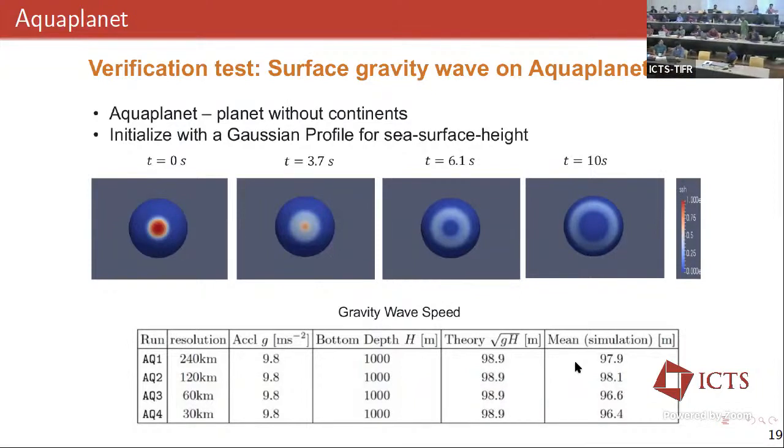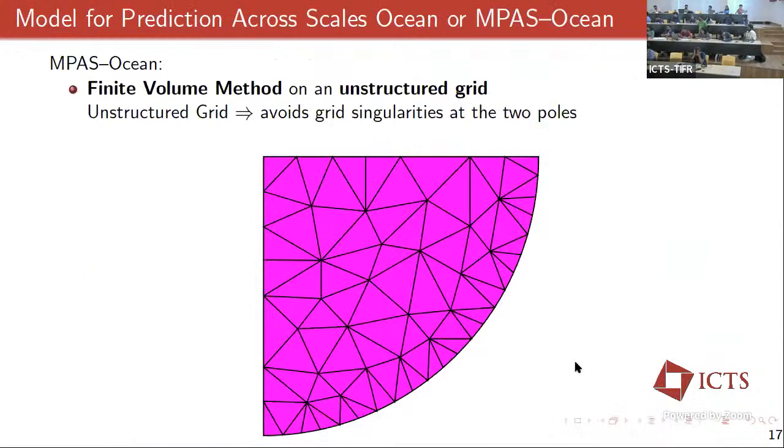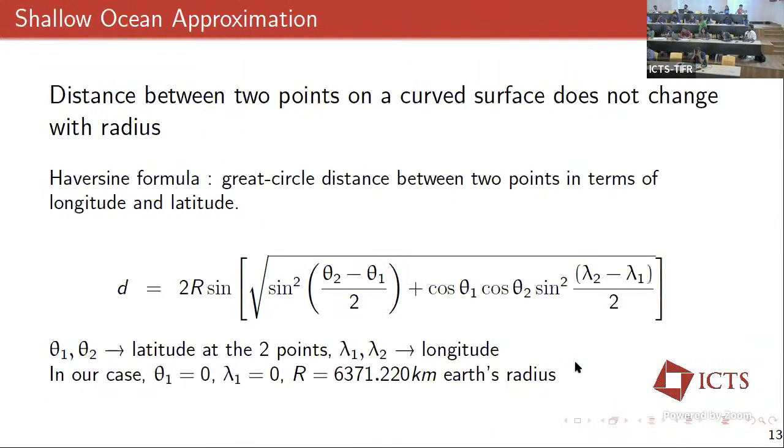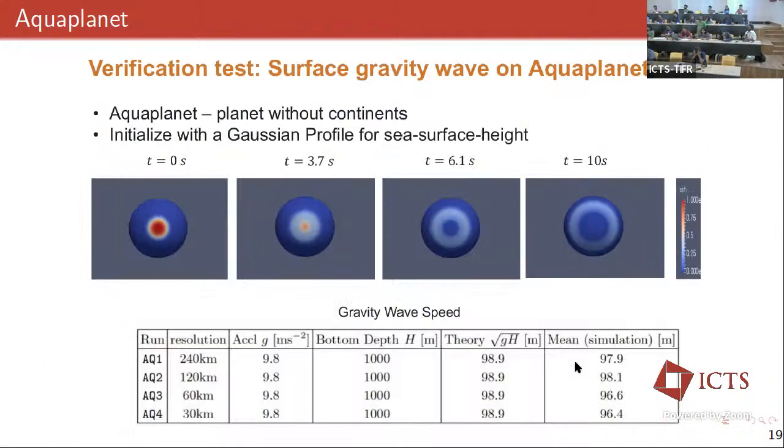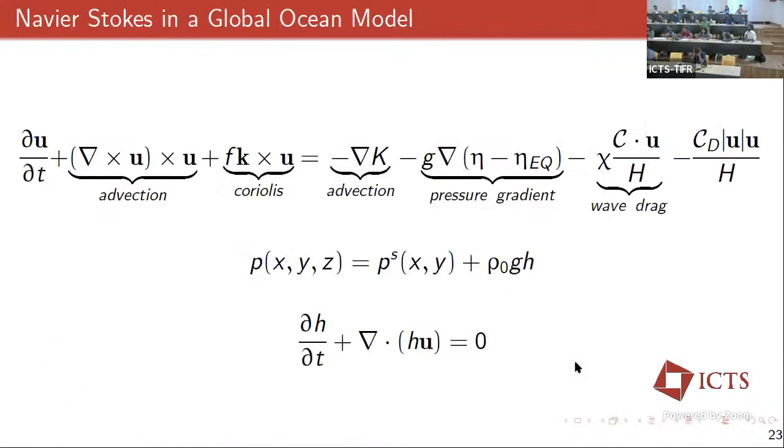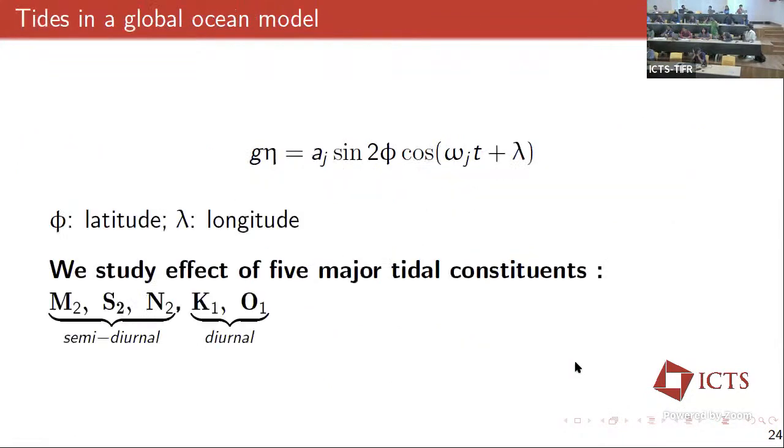Thanks for the talk. In the Navier-Stokes global ocean model, could you explain more about the pressure gradient, like how did you expand it? The tide part, in the next slide, this equation.